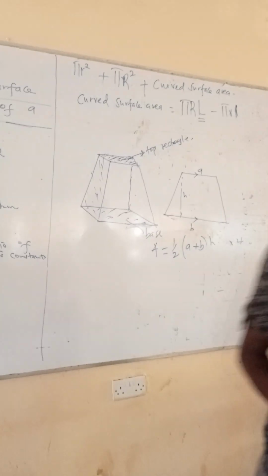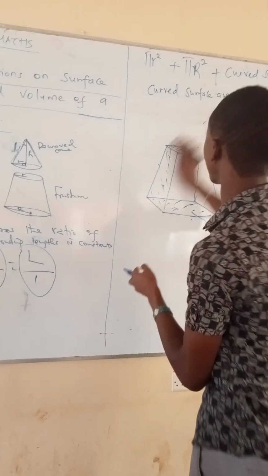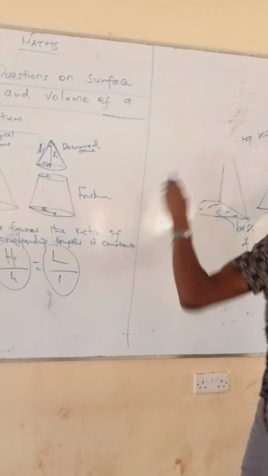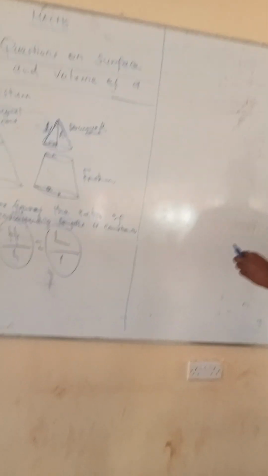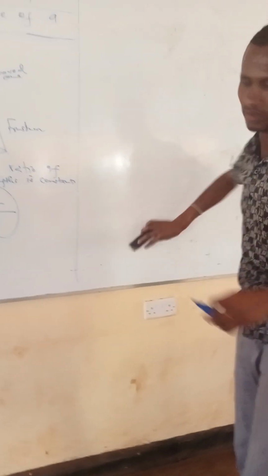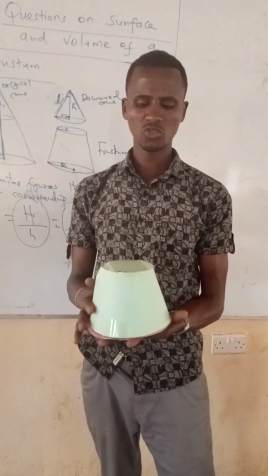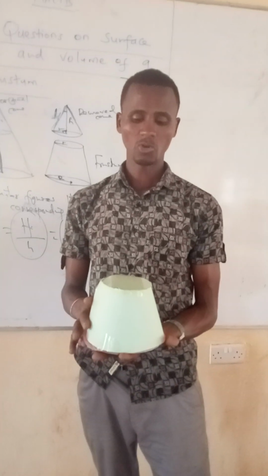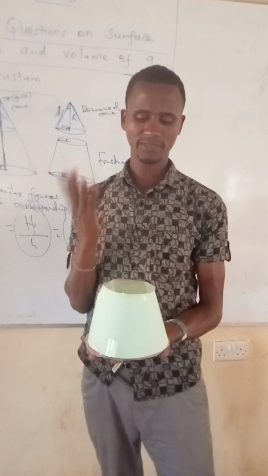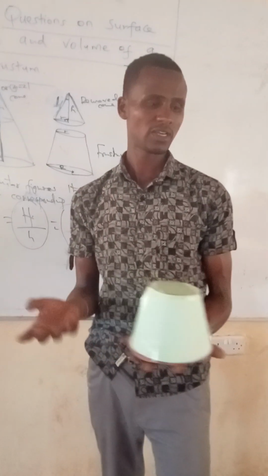Another very important thing that you need to understand is that if you are given a frustum like this and you want to use it to complete the cone, you need to identify where the apex is.